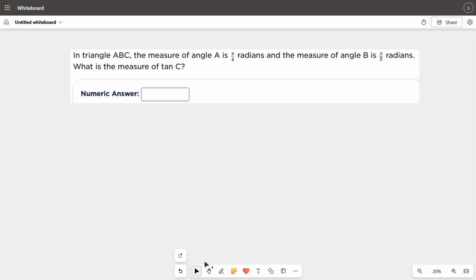So since we already have two of the angles, let's plug that in and find the other one. So pi/4 plus pi/2 plus angle C equals pi.